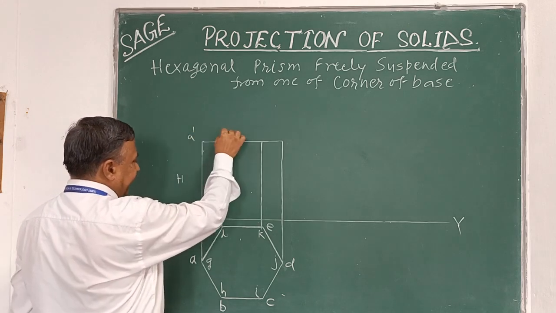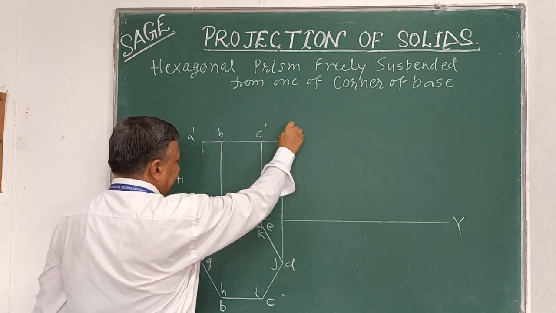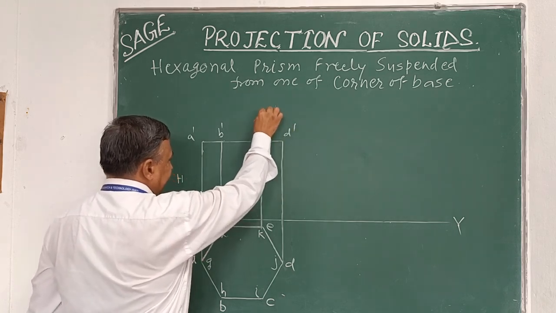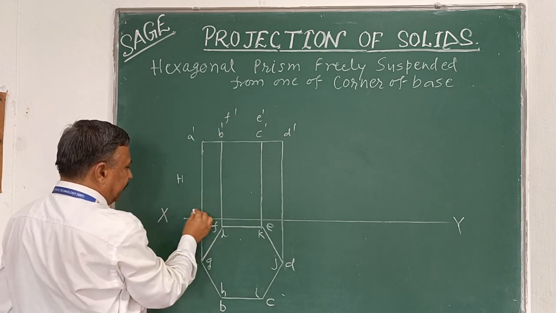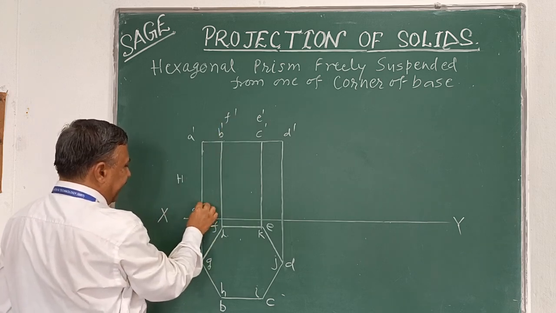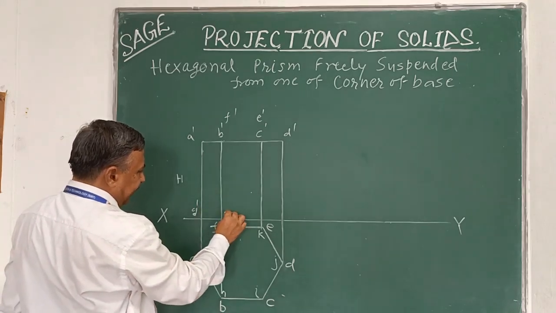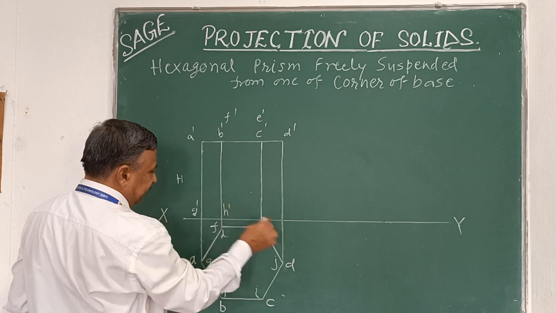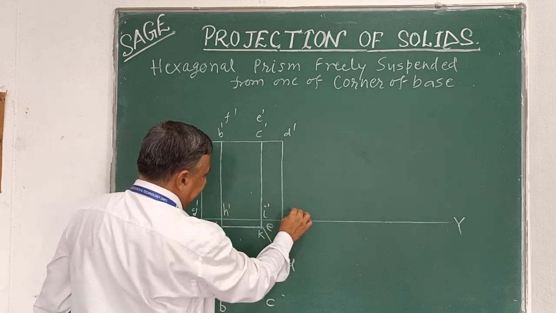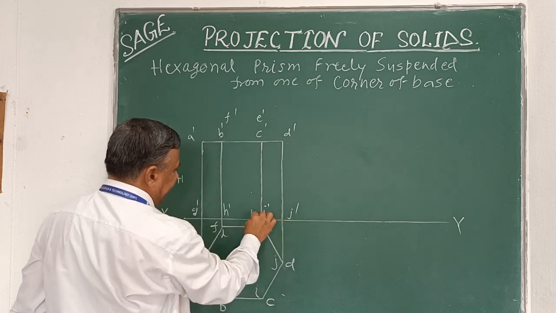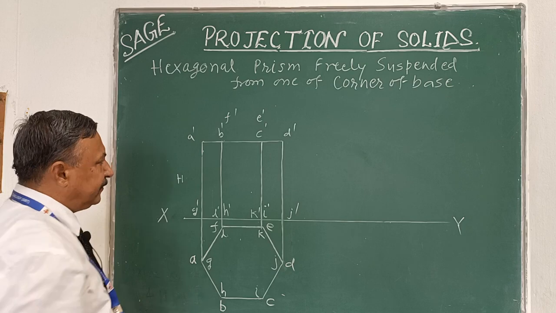This point is A dash, B dash, C dash, D dash, E dash, and F dash. Like this point is G dash, this is H dash, this is I dash, this is J dash, and this is again K dash, and this is L dash.